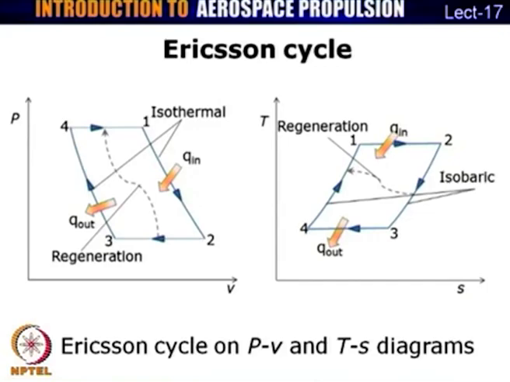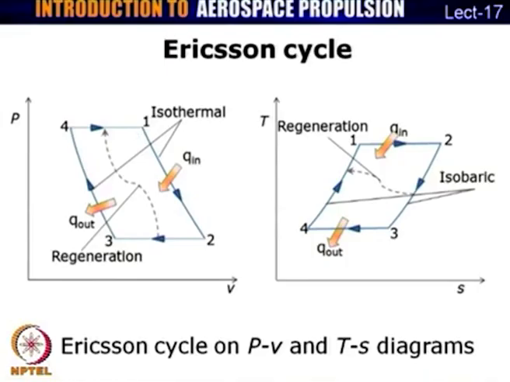The PV diagram. On the PV coordinates, we have the first process, that is an isothermal process 1 2, and the second process, that is basically a constant pressure process, which is a regeneration process. 2 3 is regeneration, process 3 4 is again isothermal heat rejection, and process 4 1 is constant pressure regeneration, that is heat transfer from the regenerator back to the working fluid at constant pressure.